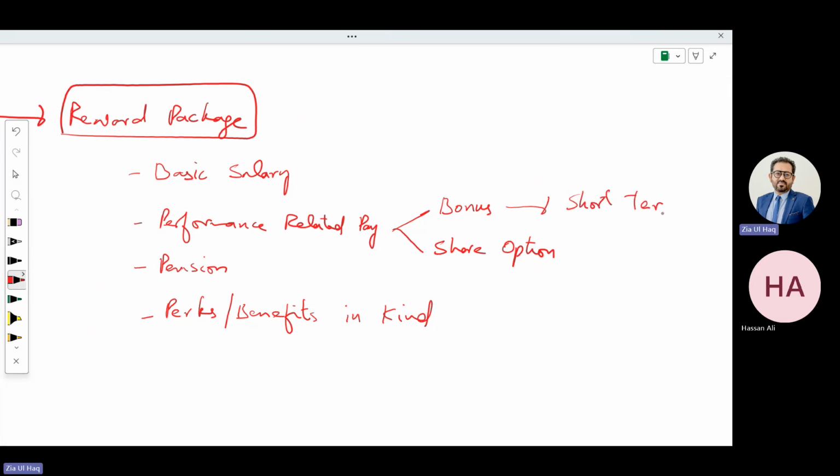Short-term means yearly targets, monthly targets. Share option is not in cash form, the company pays in share form. It means the company will allot shares to the directors, and share option is against long-term targets.